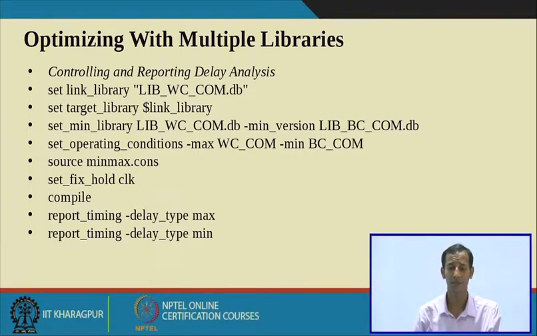First you say set link_library worst_case.db, then target library is the link library, then the minimum library is worst case with minimum version best case, then the operating condition is maximum of worst case or minimum of best case, and the source is minmax.cons, this is a configuration file, and then fix hold time, fix violation.